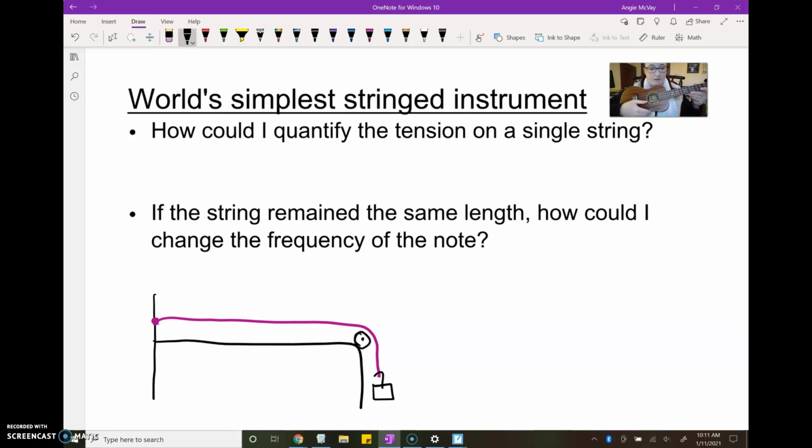Okay, so a couple ways that I can change the note that's being played on this string here. Okay, so I can pluck a string, right? And this is totally out of tune right now, I'm sure. Okay, pluck the string, and then if I put my finger down a little bit down from the head of the ukulele, I get a higher note because I'm decreasing the length of the string.